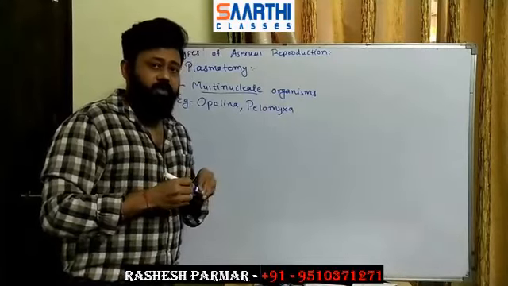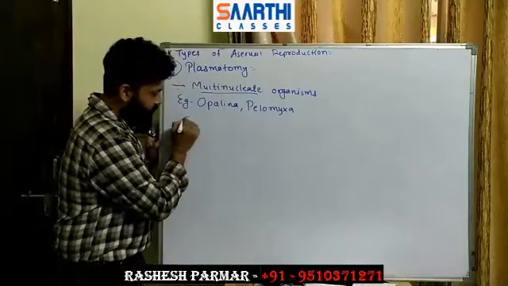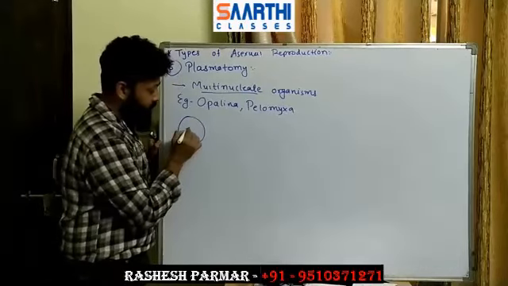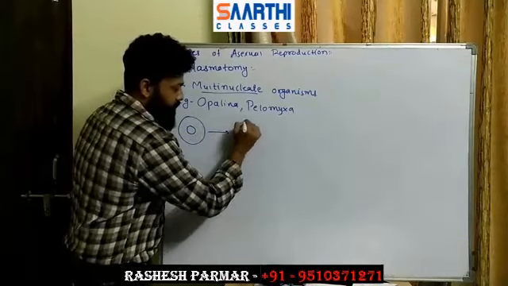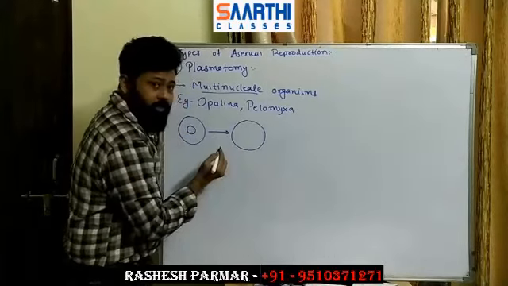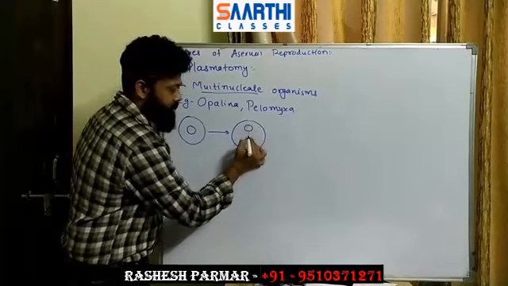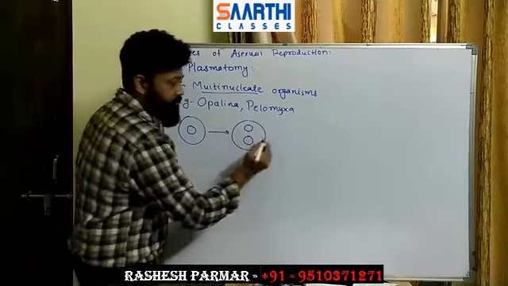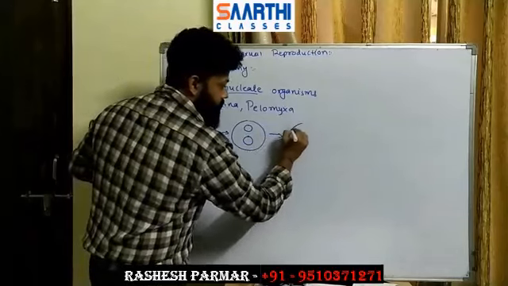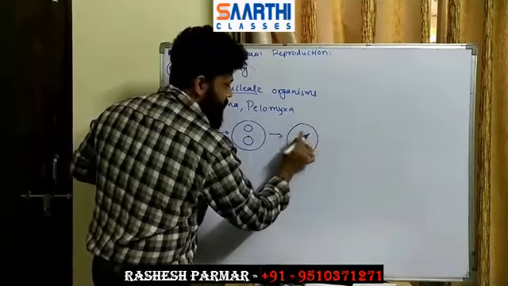In general, in other organisms, what happens? Let's say this is a particular organism. It will first undergo karyokinesis, meaning its nucleus will split into two, then cytokinesis will occur.